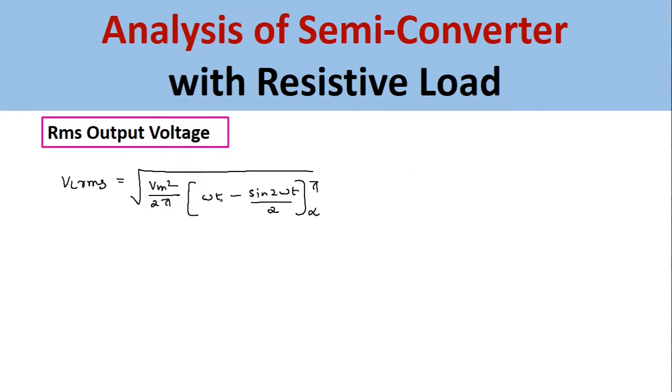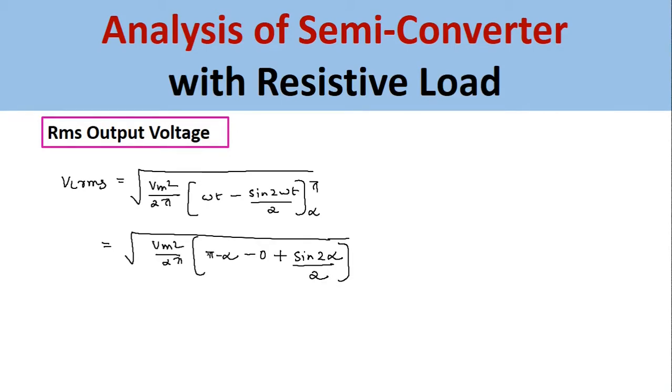When we put the limit in this equation, we will get √(Vm²/2π). For ωt, when we put the limits, we will get π − α. Then minus of sin 2π, and sin 2π is equal to 0, so we will get minus of 0. Then minus of minus will be plus. When we put α here, we will get sin 2α divided by 2. So this is the equation we are getting.